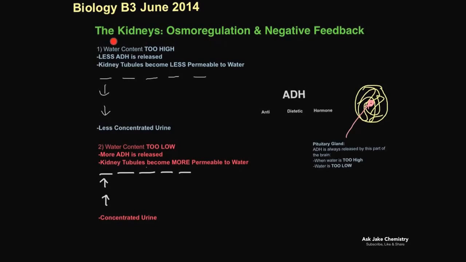So I'm just going to explain the kidney and osmoregulation and negative feedback. So the amount of water reabsorbed in the kidney and nephrons is controlled by antidiuretic hormone, and it's shown here, ADH. And the brain monitors the water content of the blood and instructs the pituitary gland to release ADH into the blood according to how much is needed.